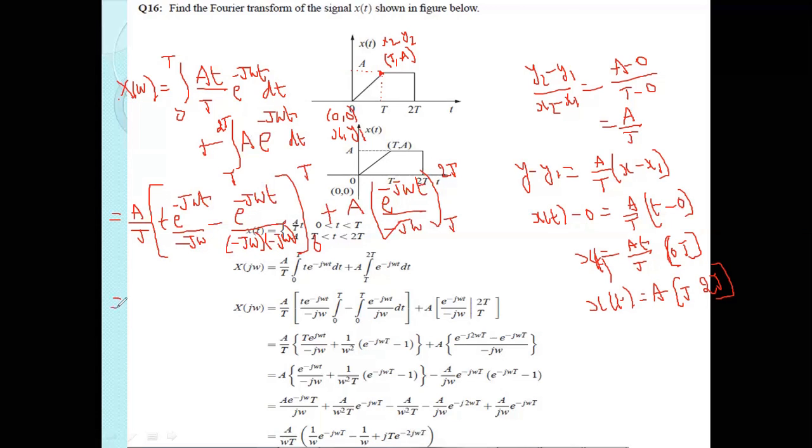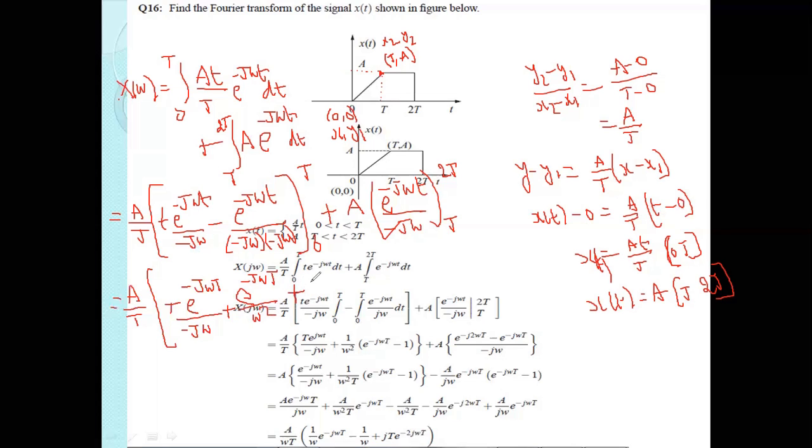That is equal to A by the capital T. Substitute the capital T wherever the small t is there: capital T e power minus j omega capital T by minus j omega, and here the two minuses make a plus, and j square is there, again the minus finally becomes the plus, e power minus j omega T by omega square.